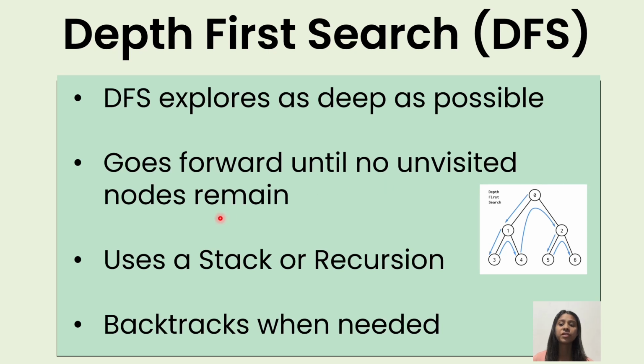It keeps moving forward until there is nowhere else to go. And then it comes back and tries another path. This is why DFS uses a stack or recursion. A good example is a maze. You keep walking forward and when you hit a dead end, you backtrack.